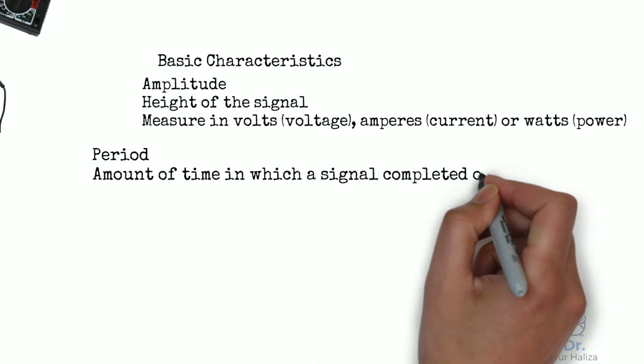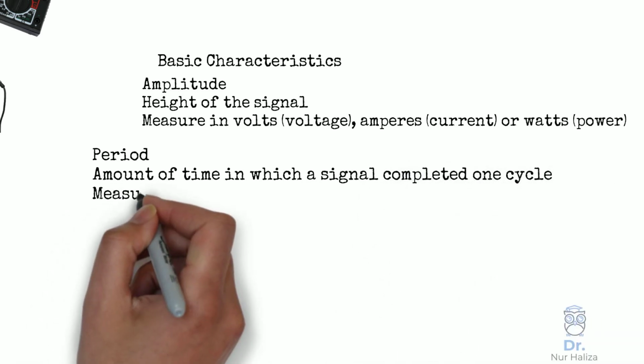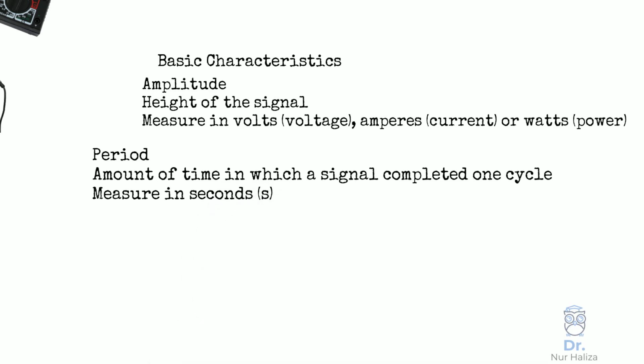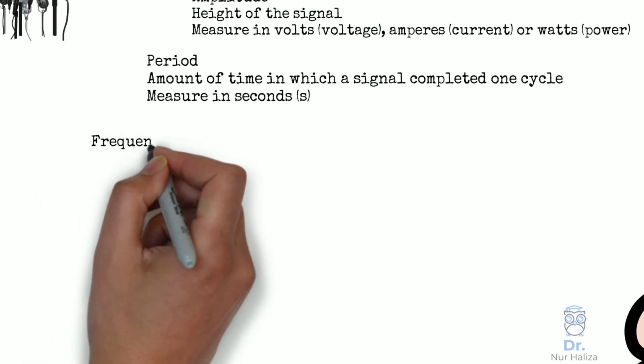Period refers to the amount of time in which a signal completes one cycle. It can be measured in milliseconds, microseconds, nanoseconds, and also picoseconds, but normally seconds are used as the unit of measurement for period.